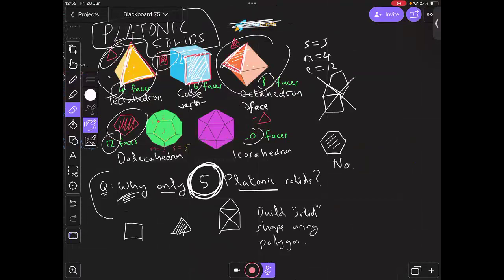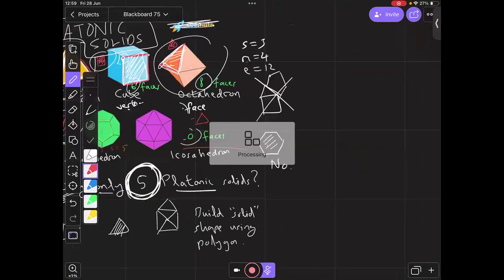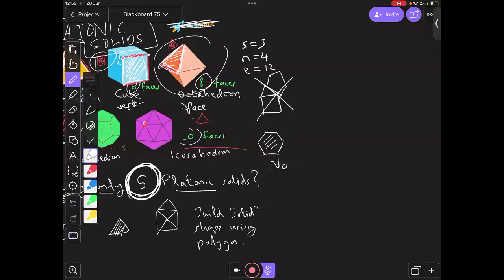So if you look at this one here, you can see the vertices there. There's a vertex there. How many faces are meeting at any vertex? How many faces are meeting at this vertex here? 1, 2, 3, 4, 5. So can you see in this particular case, M equals 5, yeah?